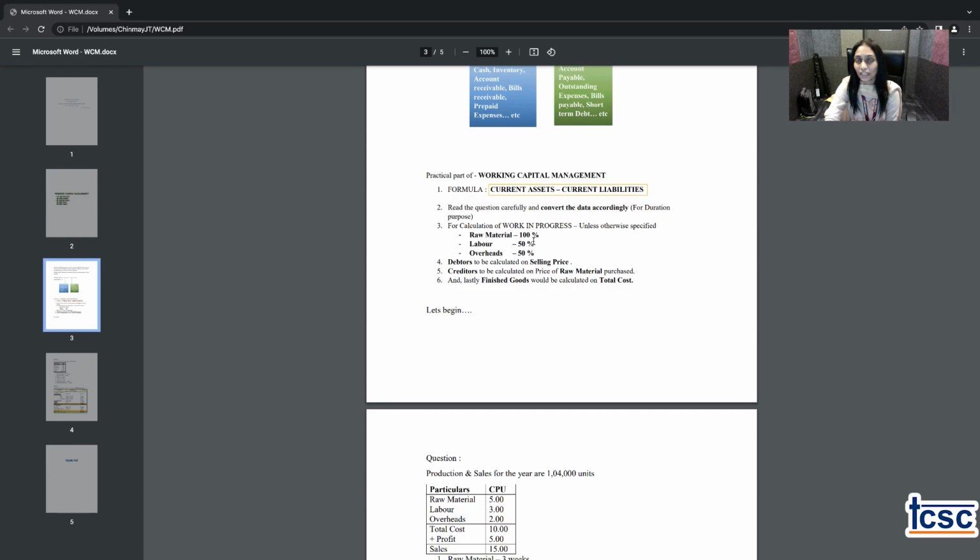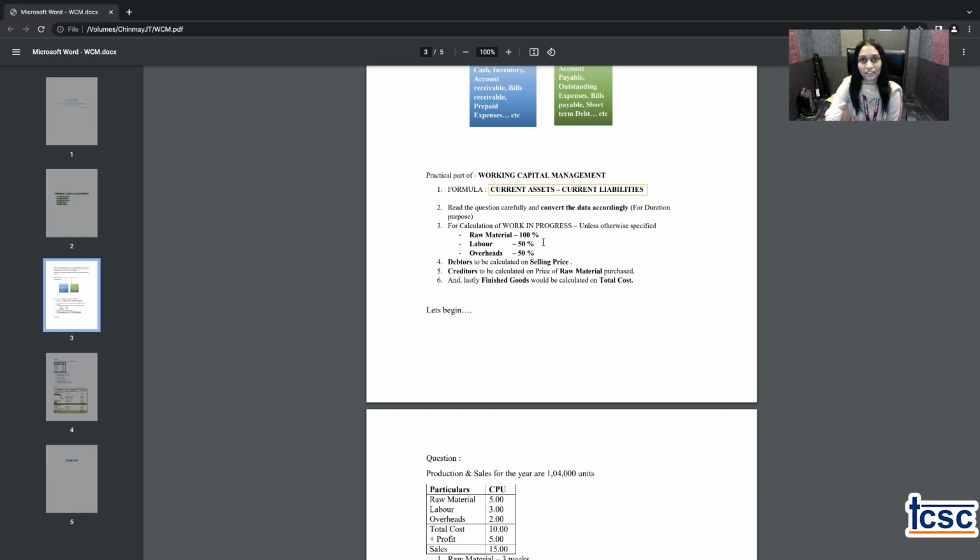So labor we consider 50%, overheads we consider 50%. It's very important that if specific information is given in the question, you have to use those values or percentages. Follow what is given in the questions. But if no information is given in the question, you will follow what is mentioned here.